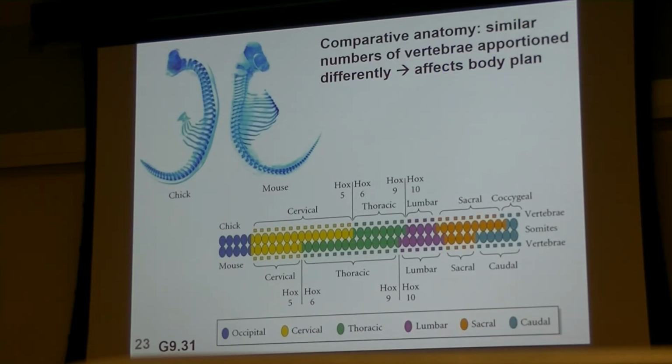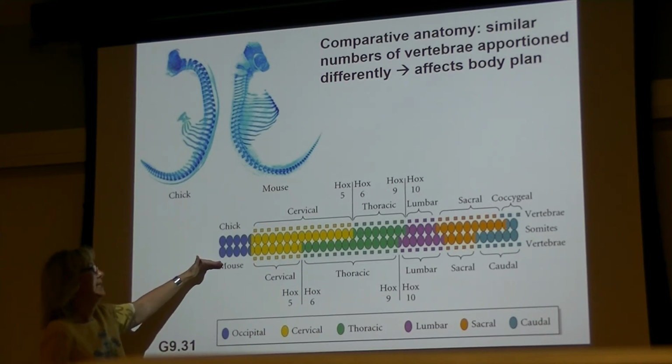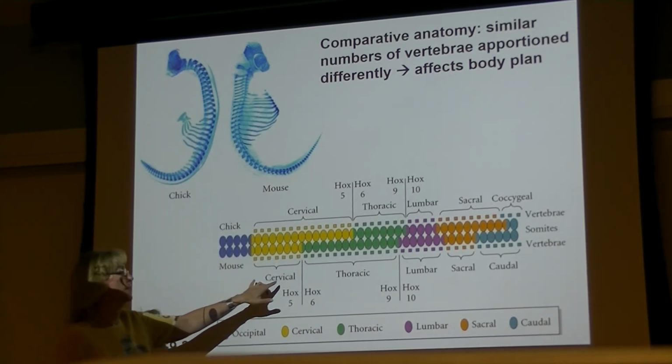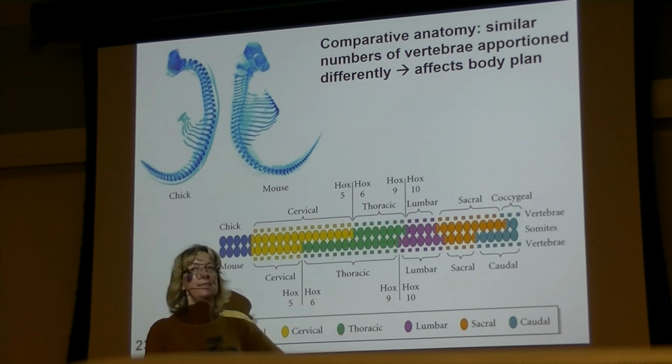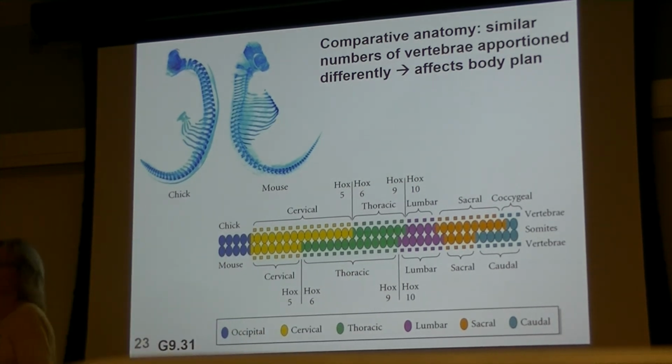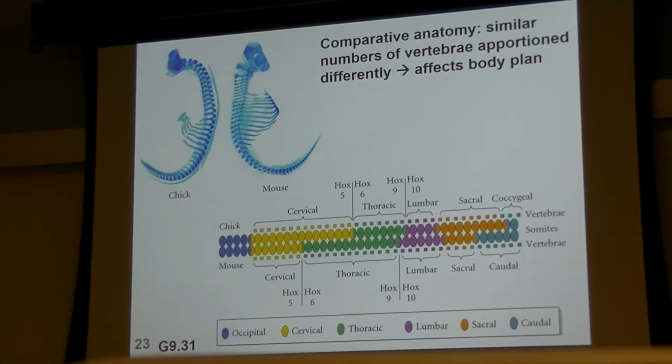Okay. So this is the last slide, and it's comparing here a chick and a mouse in the anterior axes of these things. So in these 2 species, we have basically the same sorts of classes of vertebrae: cervical, thoracic, lumbar, sacral, and caudal.